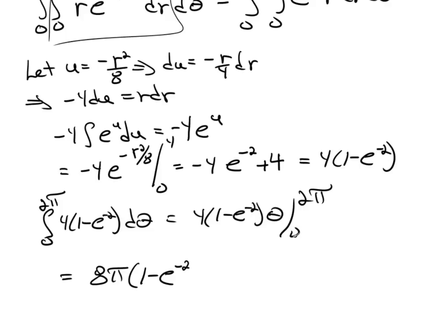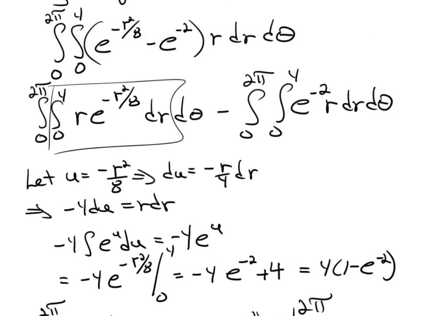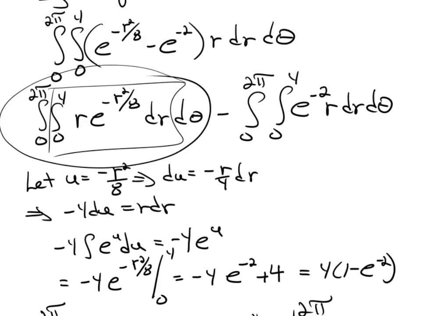At 0, it's going to be 0, so that's all I have to worry about. Now, this is not my solution. This is just the solution to the first piece. Now I need to worry about this, but this integral is going to be a lot easier. And let's not forget about this negative sign. It'd be really easy to drop that guy.